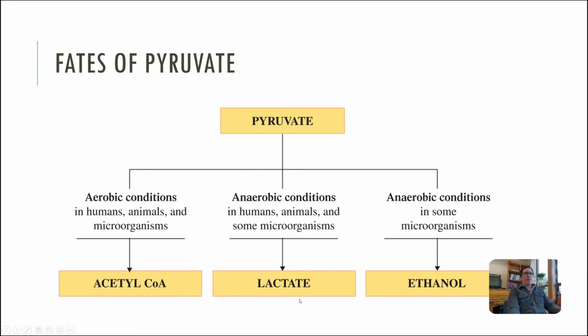This is much less efficient and generates a lot less energy than turning pyruvate into acetyl coenzyme A, but sometimes that might be necessary. Some microbes use this metabolism obligately, meaning they can't do anything else. Finally, under anaerobic conditions, only some microbes, not humans, will turn pyruvate into ethanol, again in a fermentation process.